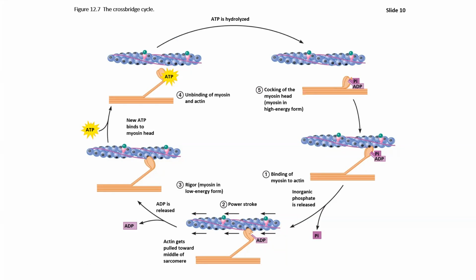And so the myosin head now gets into its cocked position. So it's going to reach up once again in order to make contact with actin. And this entire process will go over and over again, just by the energized states of that myosin head going from its low energy state to its high energy state in that cyclical fashion.